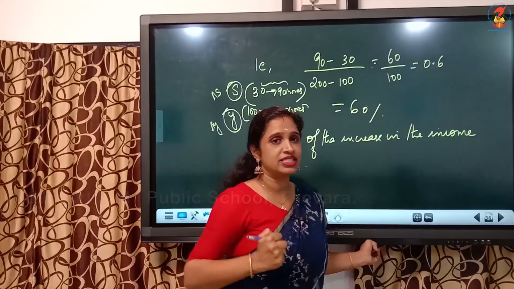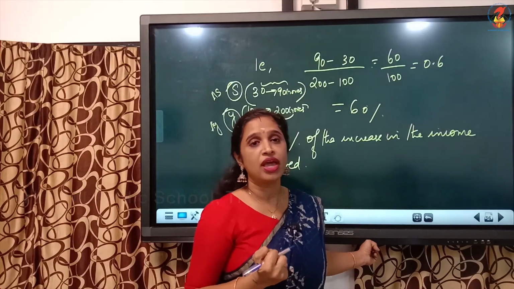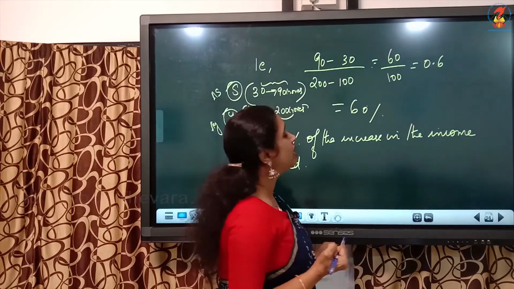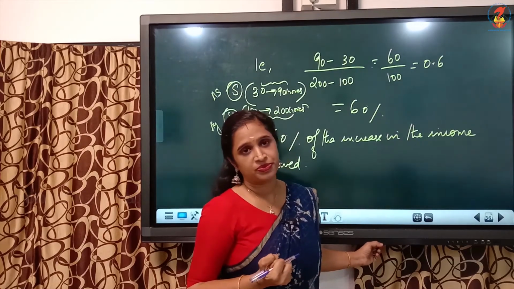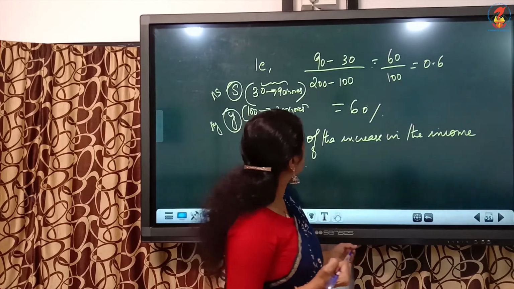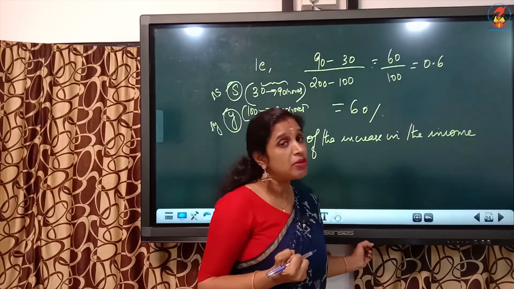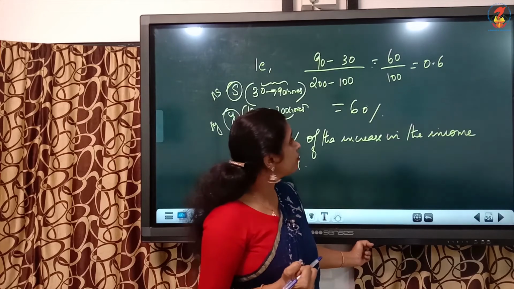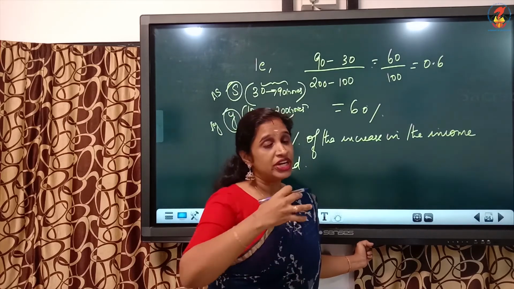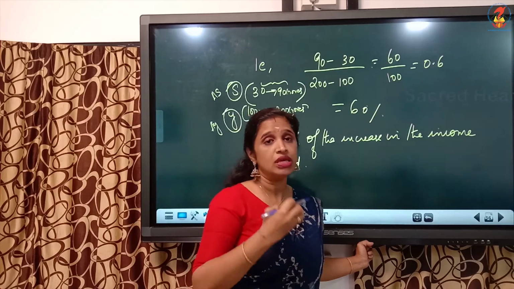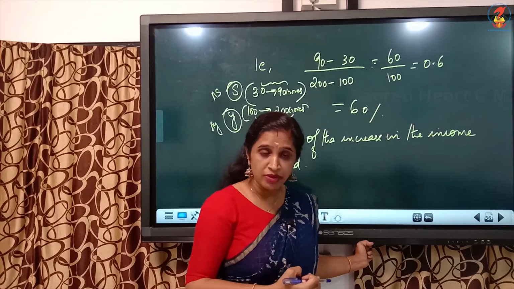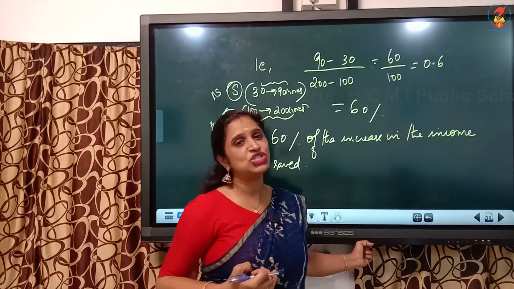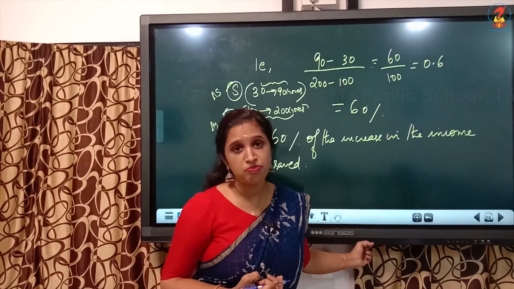What is delta S? The present saving and the previous saving in the economy. 90 minus 30 will give you 60. Now, likewise, the previous income and the present income, 200 minus 100 will give you 100. So, the difference between the present saving and the past saving, and the difference between the present income and the past income, the ratio of this is termed as MPS.